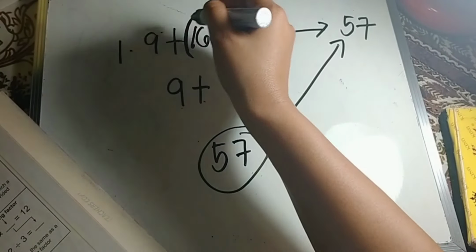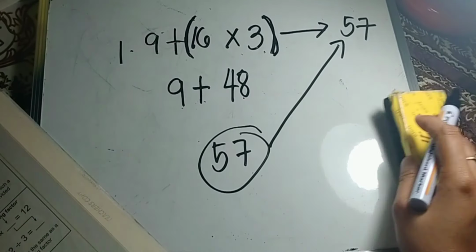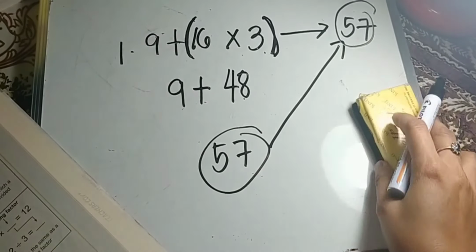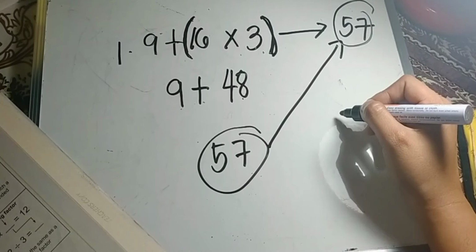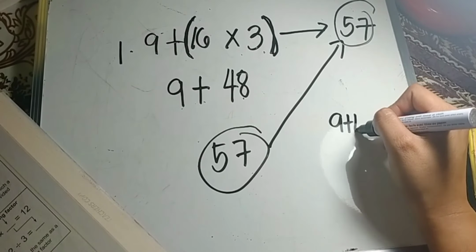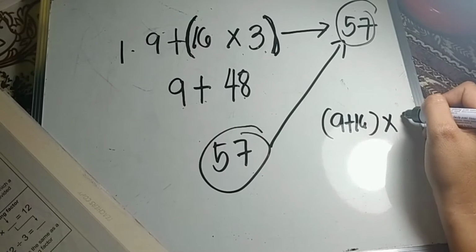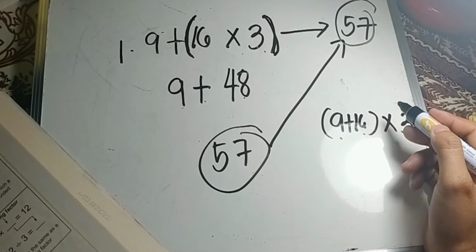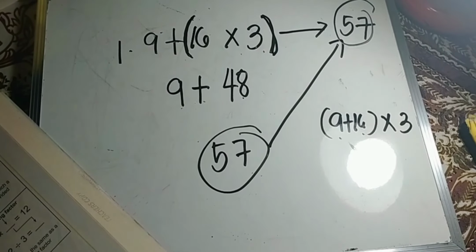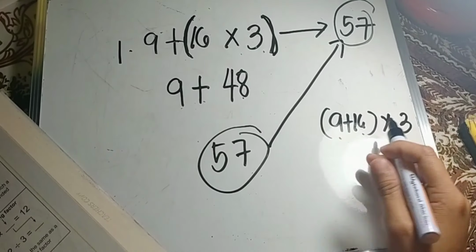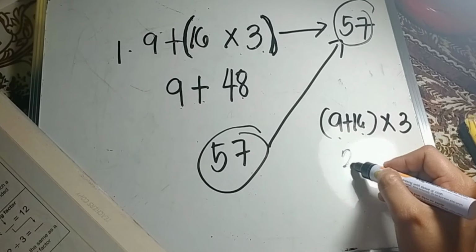Paano kaya kung ilagay natin kay 9 plus 16? Tingnan nga natin kung ang magiging sagot din ay 57. 9 plus 16, ganyan, times 3. 9 plus 16, the answer is, again, 9 plus 16, the answer is 25.